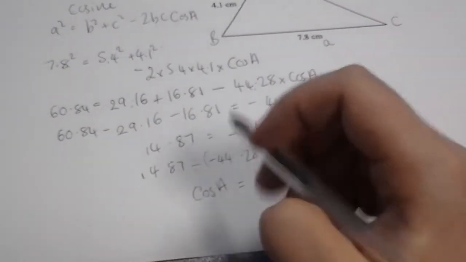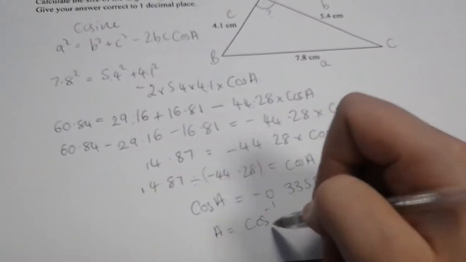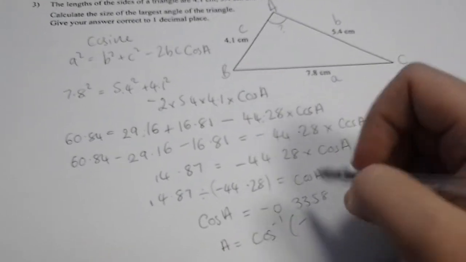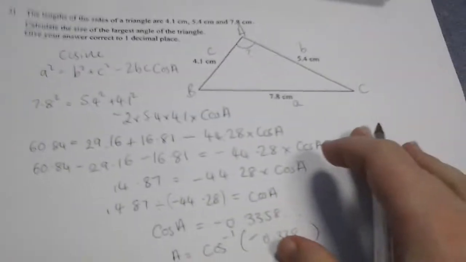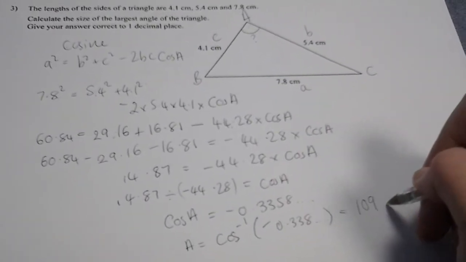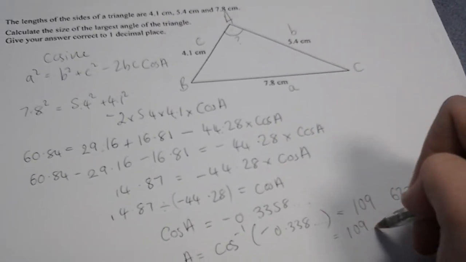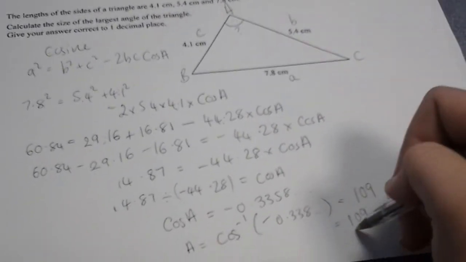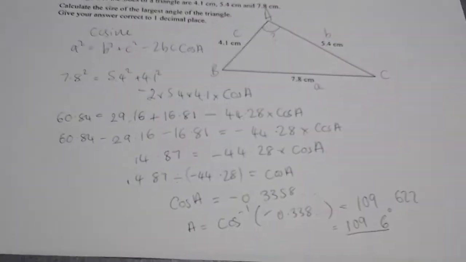But I want A on its own, so I need to do the inverse of cos to the minus 1, of minus 0.3358. Again, use the answer button on your calculator. And that's equal to 109.6222, which is 109.6 degrees to 1 decimal place, because that's what it asked for in the question.